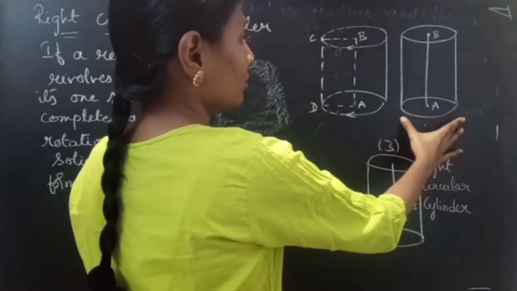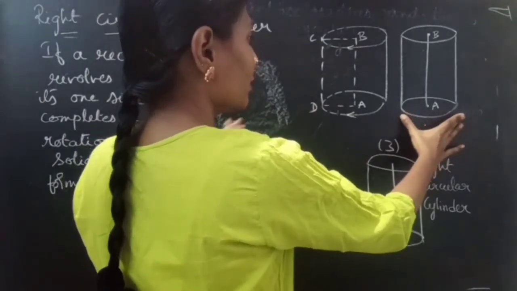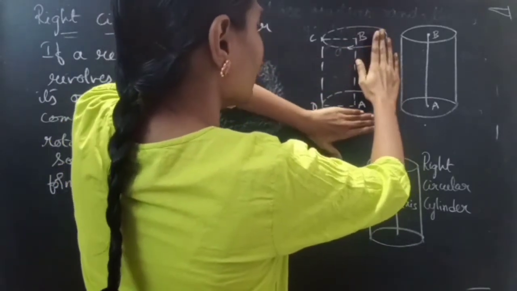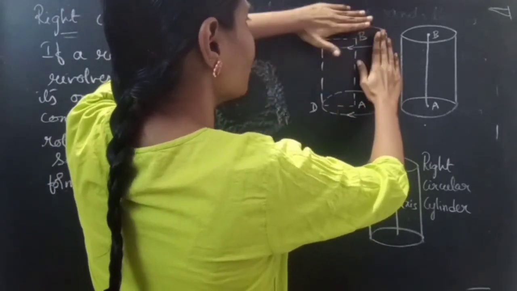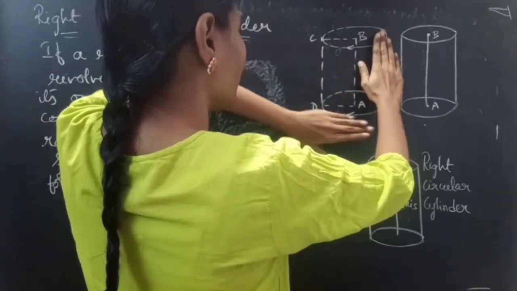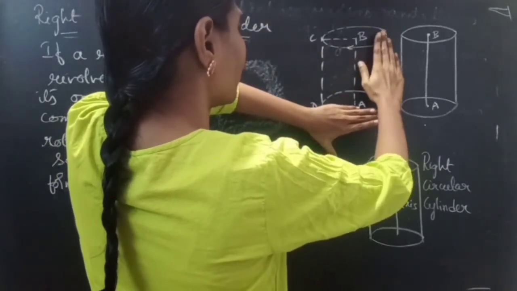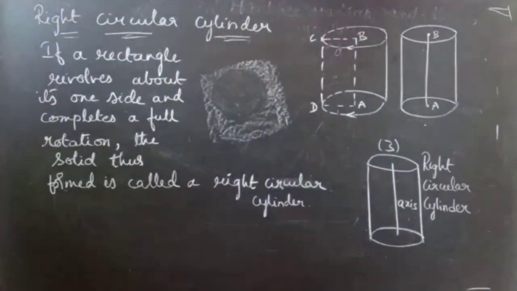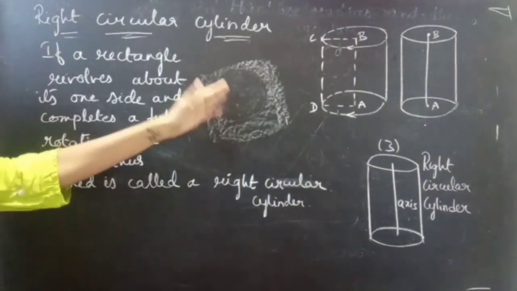So you'll get a right circular cylinder like this. Just consider the rectangle. After a complete rotation, it forms a cylinder. That is what I have tried to show.